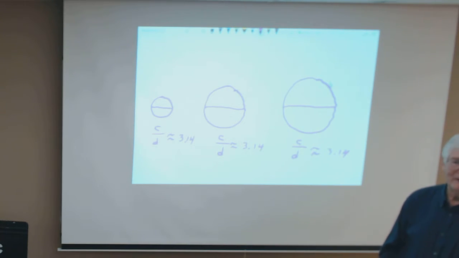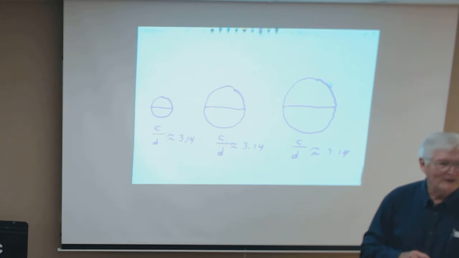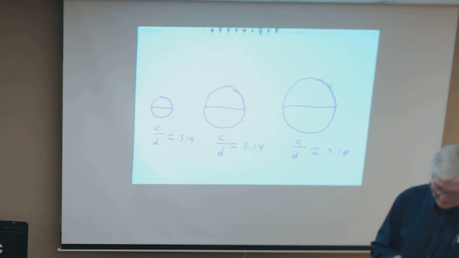And whoever discovered that goes, wow. And I guess they discovered that because they were messing with pieces of pie or with pies. So somebody decided the Greek letter pi would be the one to use for this marvelous little fact here.